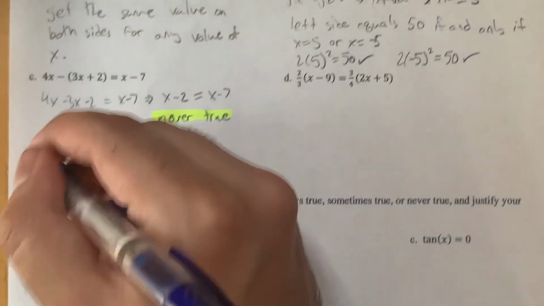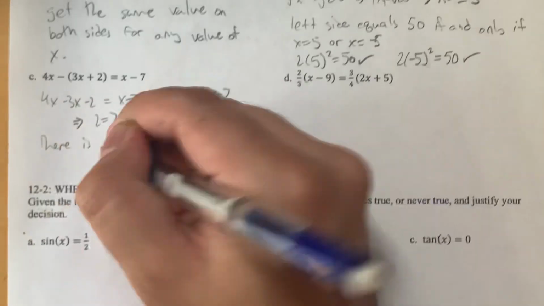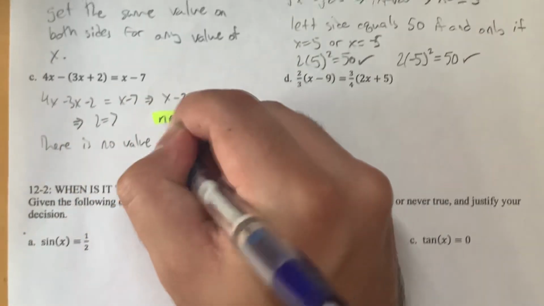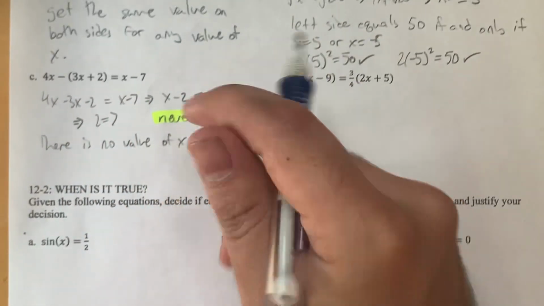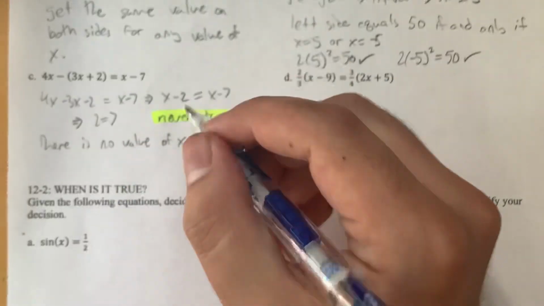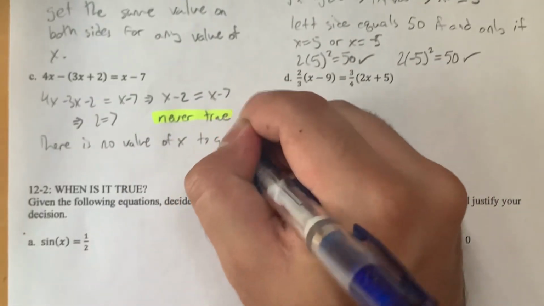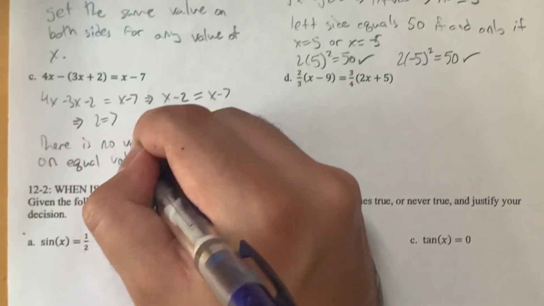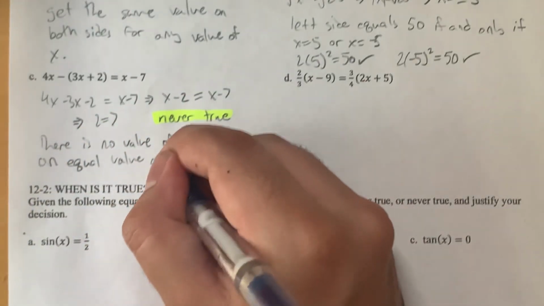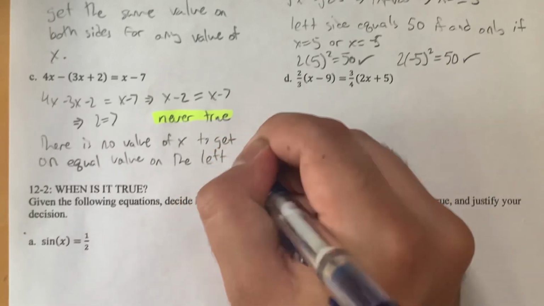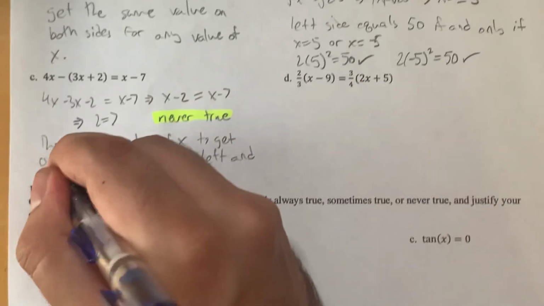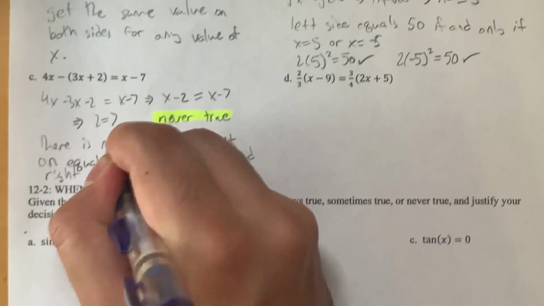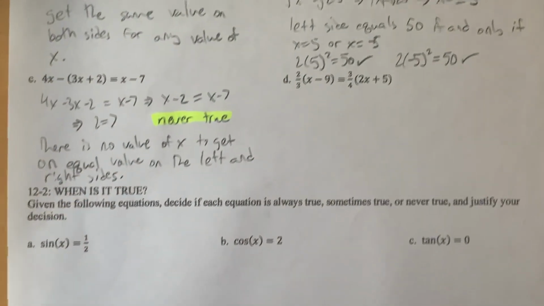You just basically state there is no value of x to get an equal value on the left and right sides. So you could state it that way. Very discrete, very descriptive.